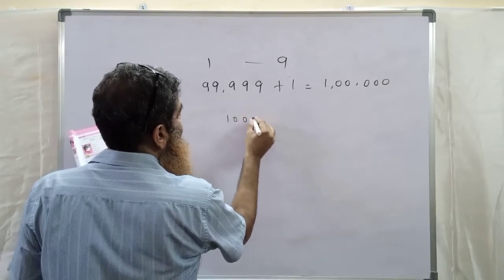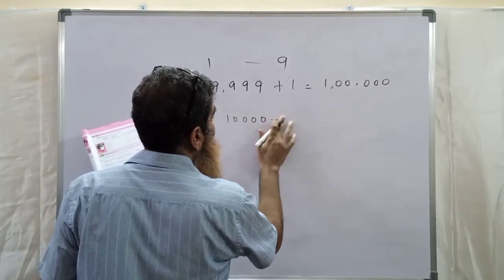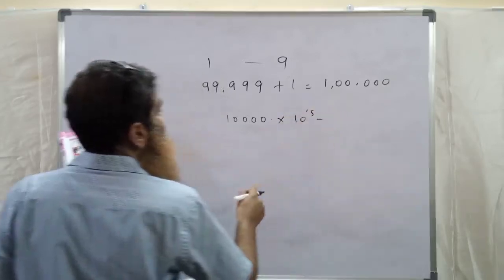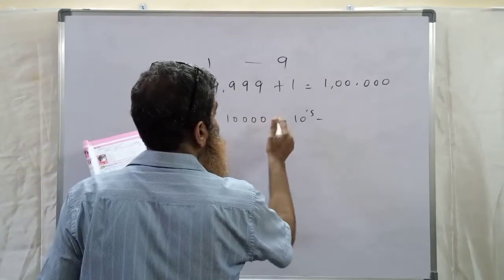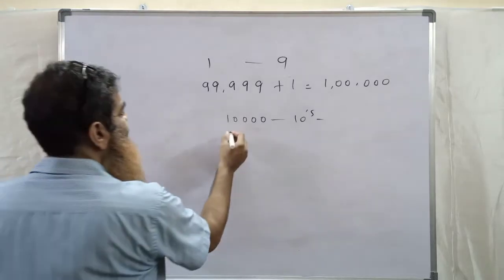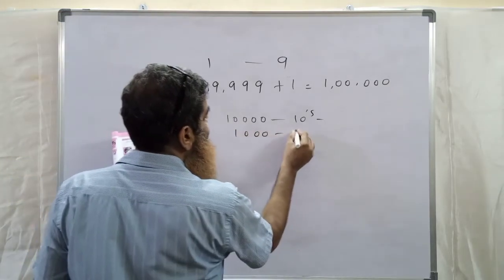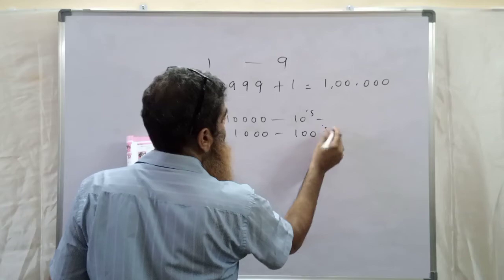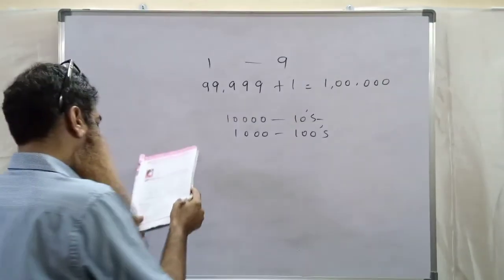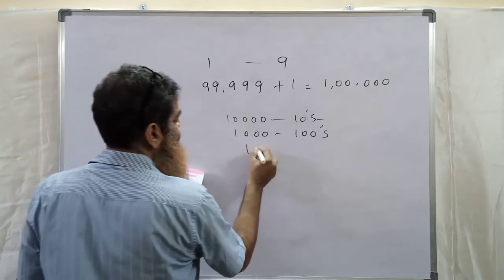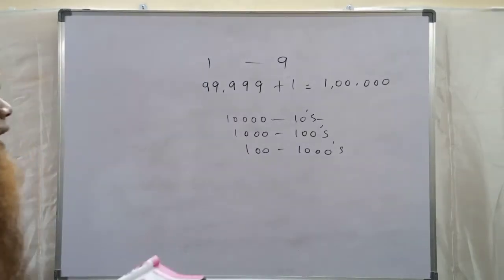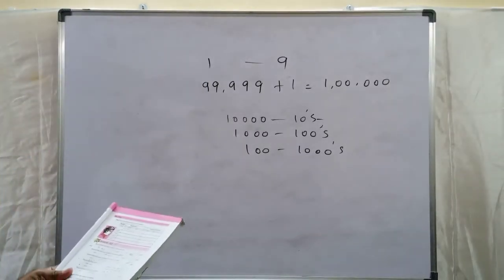There are 10,000 tens in 1 lakh, 1,000 hundreds, and 100 thousands will be there in 1 lakh.